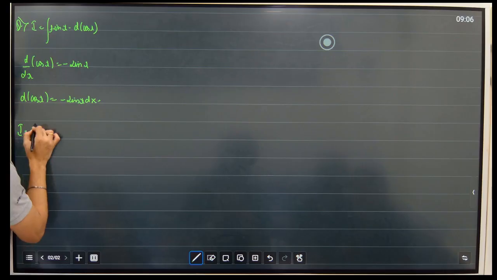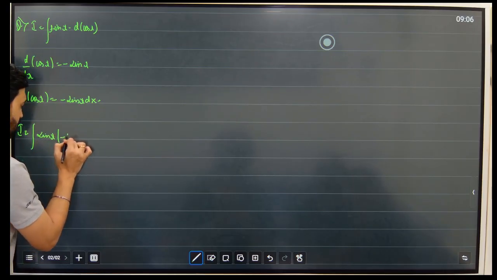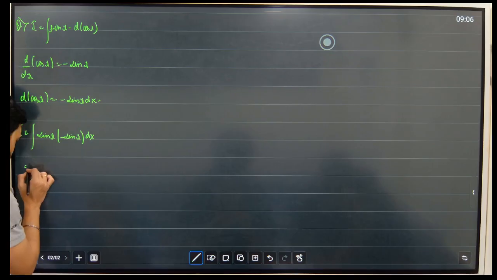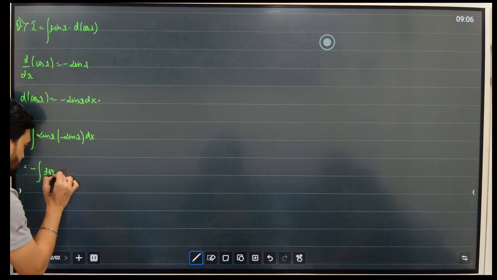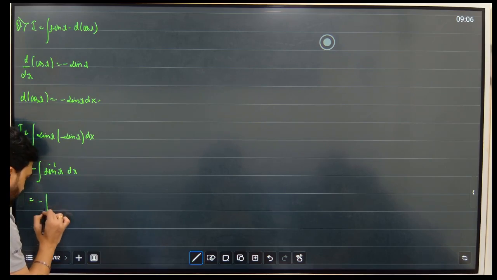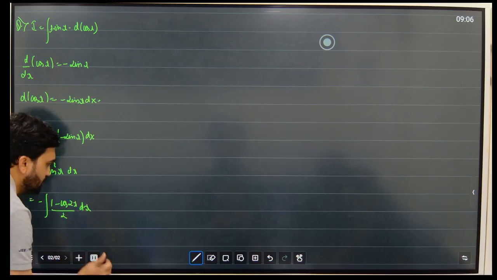Therefore, my question will become I is equal to integration sin x into minus sin x dx, which will become integration of minus sin square x dx, which is minus 1 minus cos 2x by 2 dx.